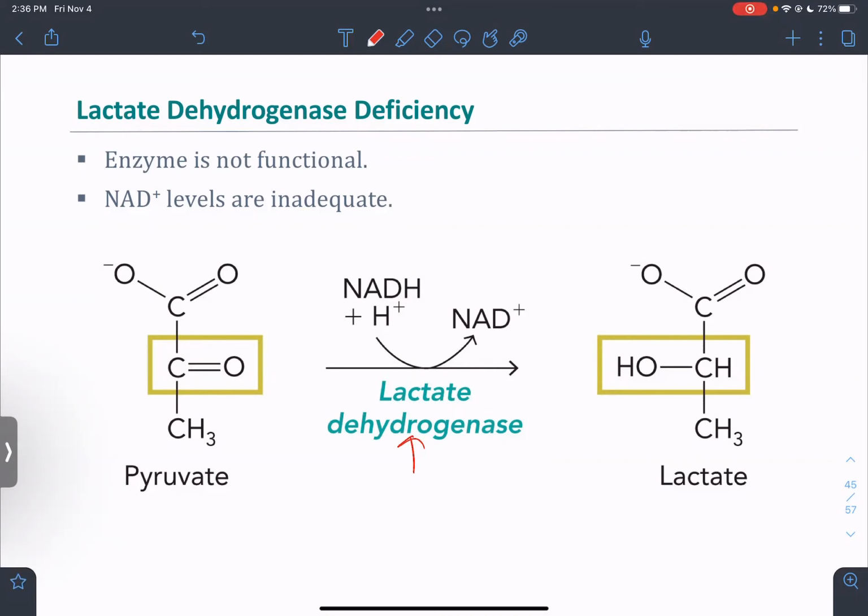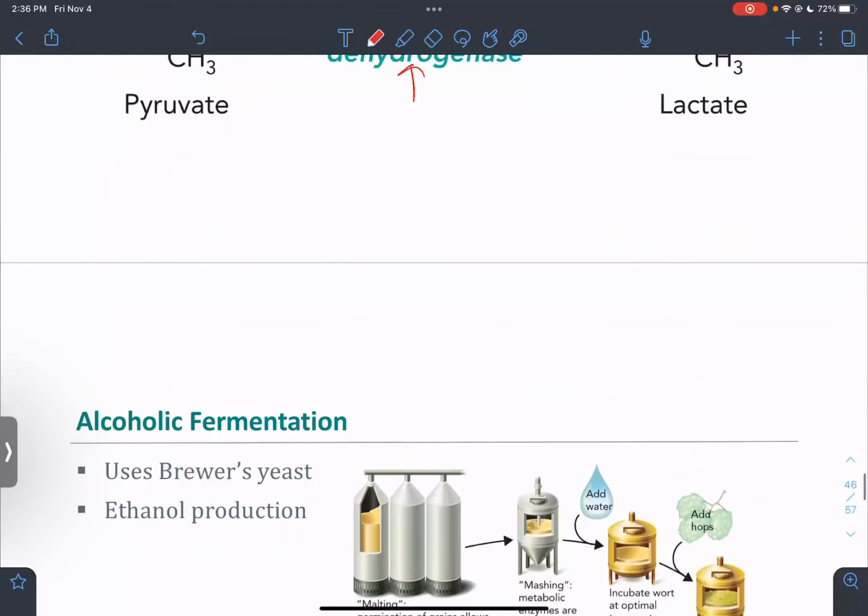They'd have to resort to fats and stuff. But under anaerobic conditions, you have to have something that's going to convert that pyruvate to lactate. And when you don't, you're going to get muscle fatigue. You can even get muscle damage as cells really run out of ATP and become critical. It's really kind of dangerous.